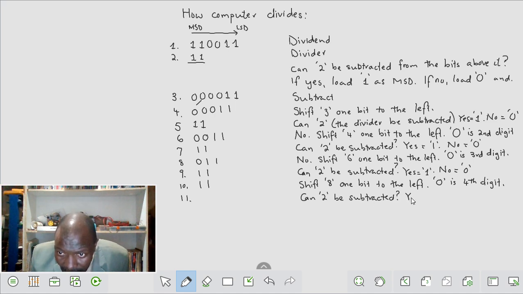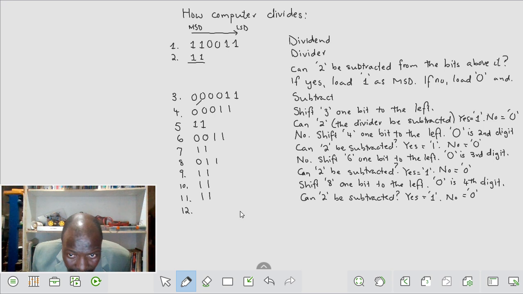If yes, we load 1. If no, we load 0. In this case, the answer is yes. This here was for shifting, so we actually subtract now.